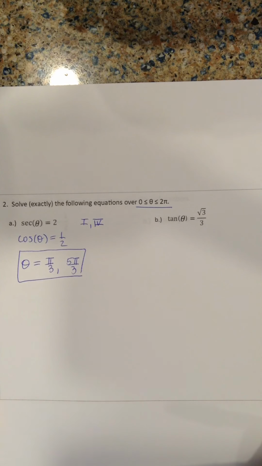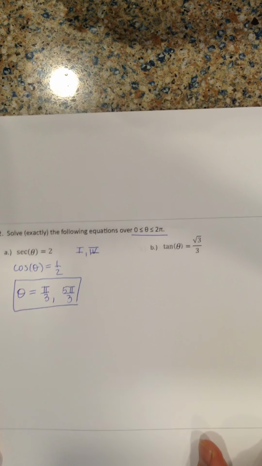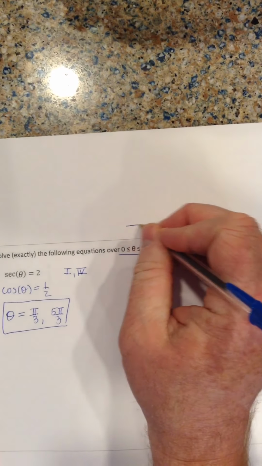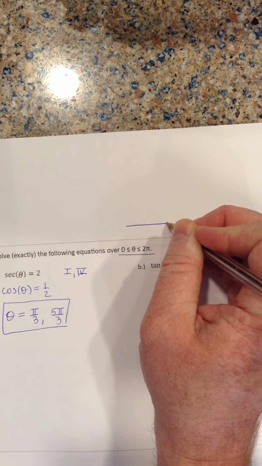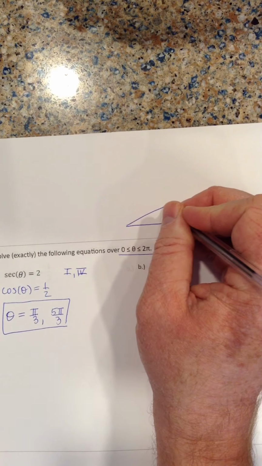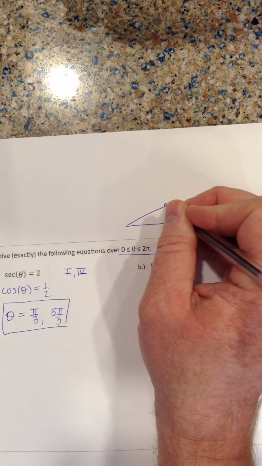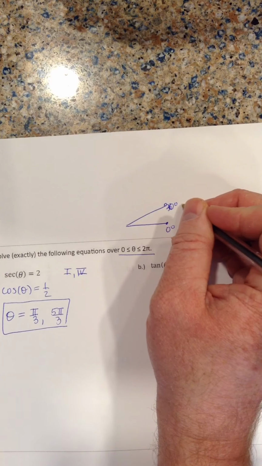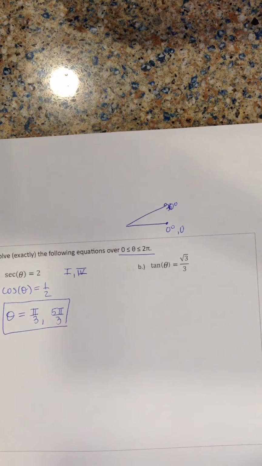Okay, now tangent of theta is root 3 over 3. Okay, I'm going to draw a little picture here. So that's 0 degrees, or 0 radians. That's about 30 degrees. Let's see, let's fix that.